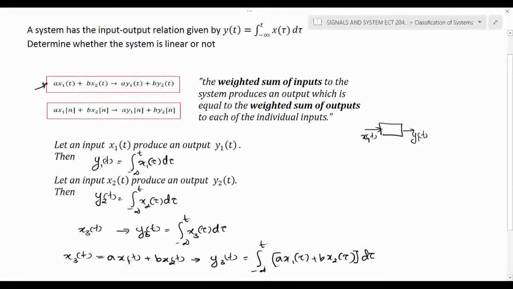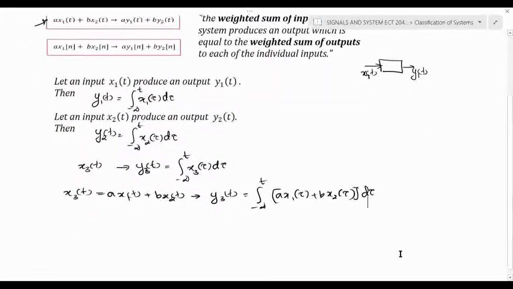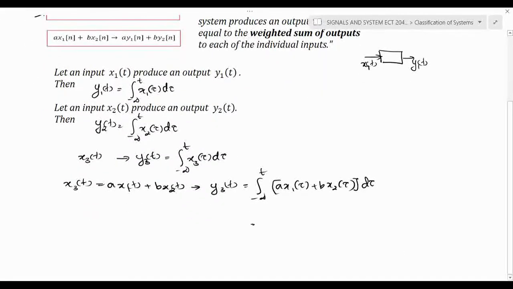And I can split this integration. So it becomes a into integral minus infinity to t x1 of tau d tau plus b into integral minus infinity to t x2 of tau d tau.